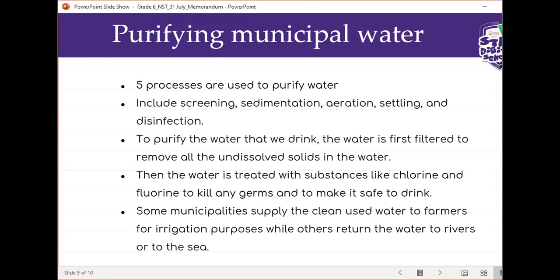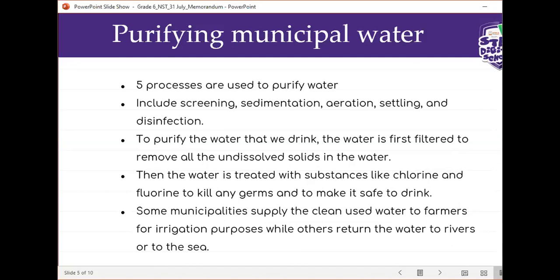Okay, very important. Please note the last bullet. It says some municipalities supply clean used water to farmers for irrigation purposes.